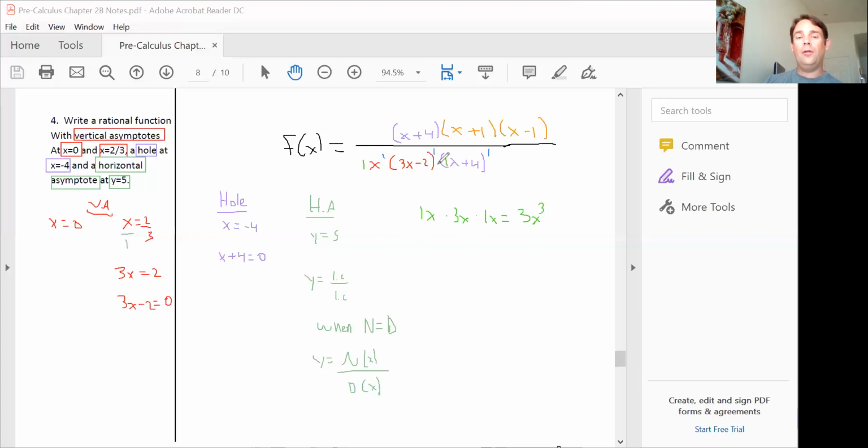So if I want my horizontal asymptote to be 5, I'm trying to figure out what would be my leading coefficient in my numerator. Well, 3 is my leading coefficient in my denominator. I'm looking for some leading coefficient in my numerator. So that means 15 equals n. My leading coefficient in my numerator would have to be 15.